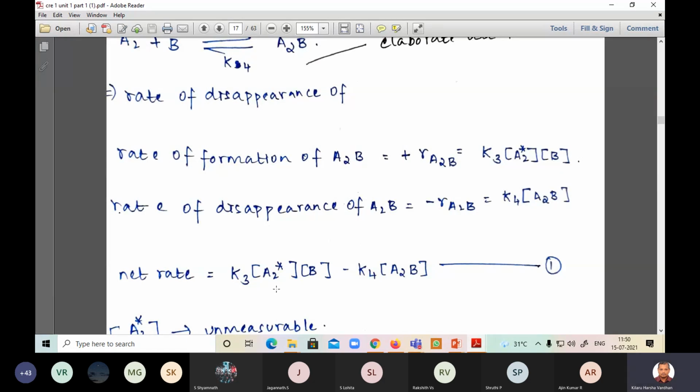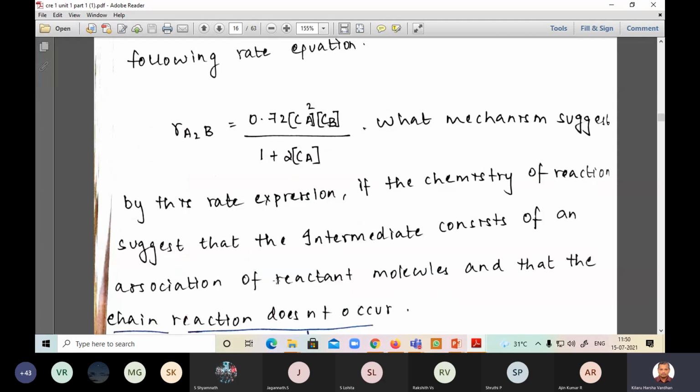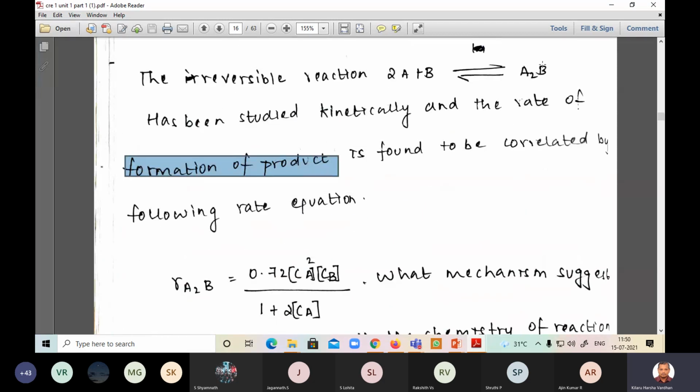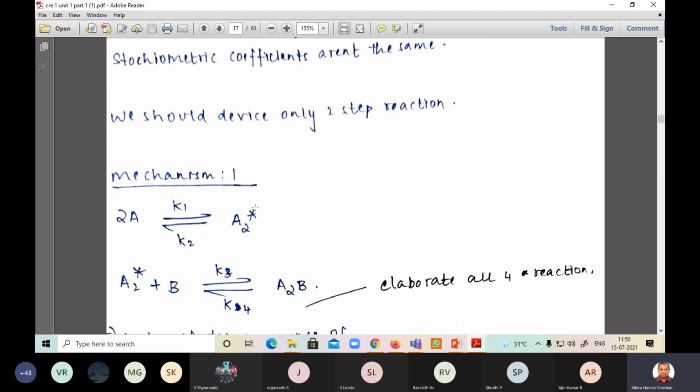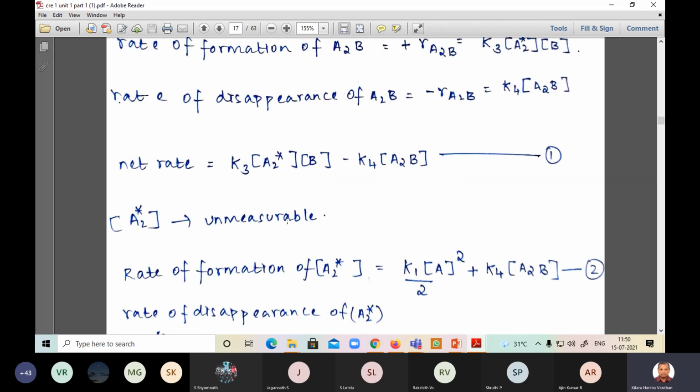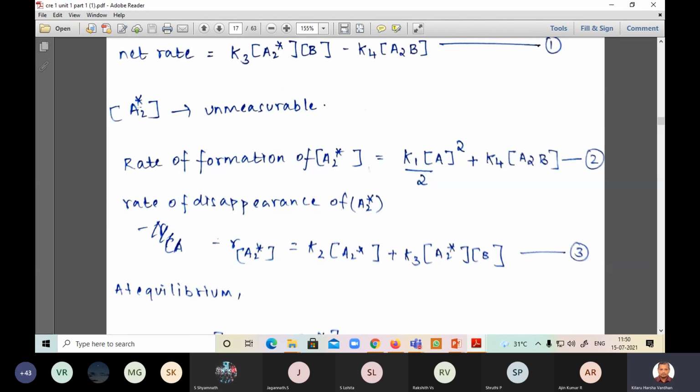If you want to eliminate it, you have to write again the rate of formation and disappearance of A2 star, because A2 star is an unstable component. In your reaction, there is no A2 star. You are assuming there is some A2 star being formed, and now you have to eliminate it.